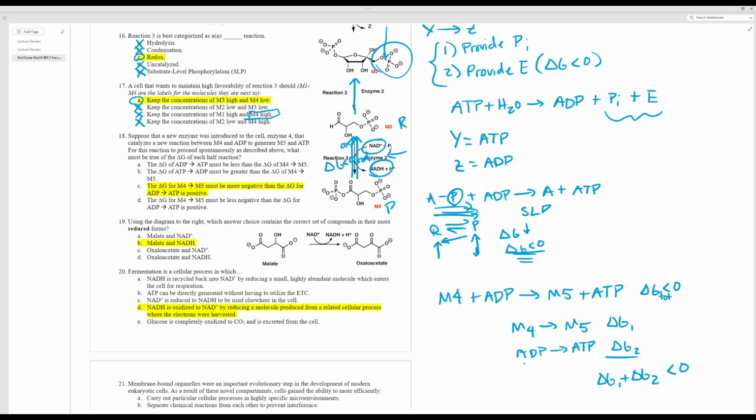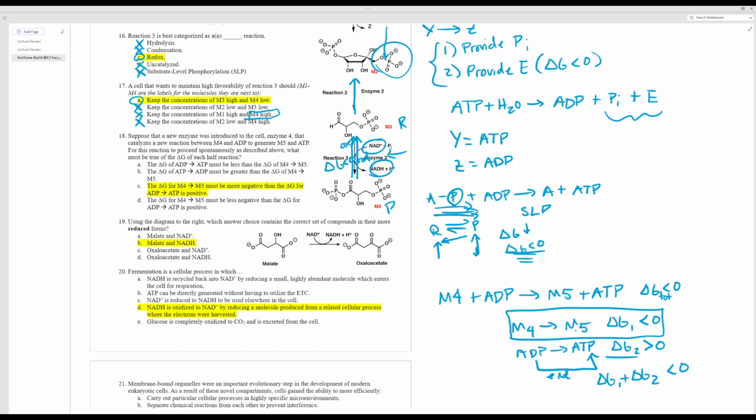For this to be the case, well, let's see, ADP to ATP, that's an endergonic reaction, which means this delta G is going to be greater than 0. So for the total one to be less than 0, I need M4 to M5 to have a delta G less than 0. Okay, but now I need to make sure that delta G1 releases more energy.